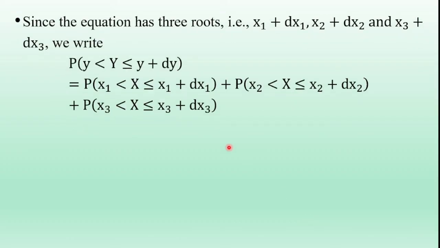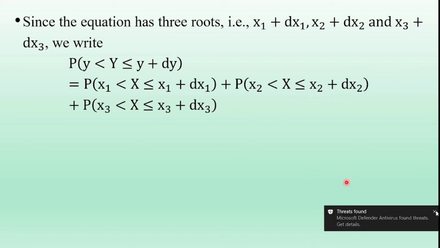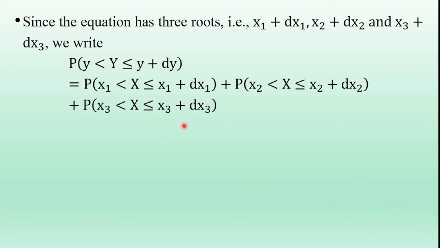That is P(y less than or equal to Y less than or equal to y plus dy) is equal to the probability of x1 less than X less than or equal to x1 plus dx1, plus the probability of x2 less than X less than or equal to x2 plus dx2, plus the probability of x3 less than X less than or equal to x3 plus dx3, assuming the three events are mutually exclusive. In terms of the corresponding probability density functions, the corresponding probability is equal to the density function.